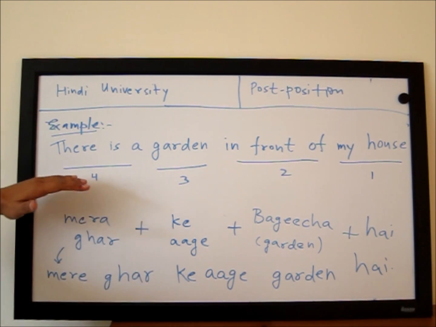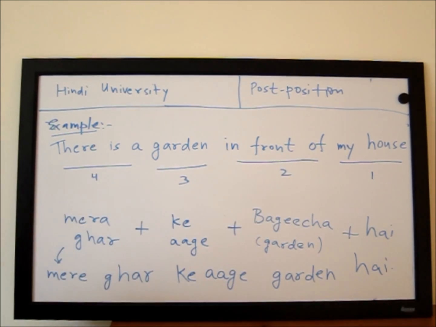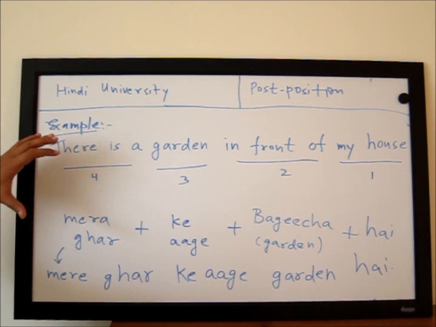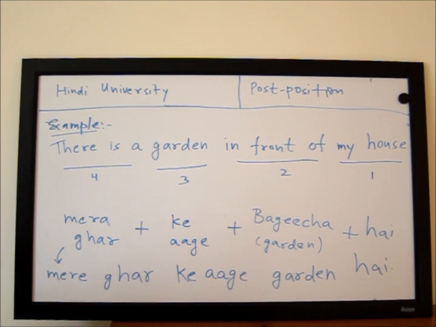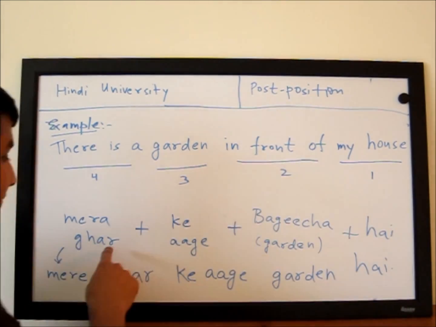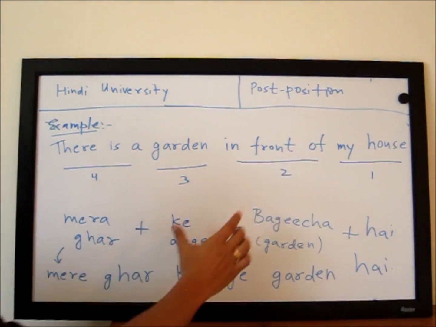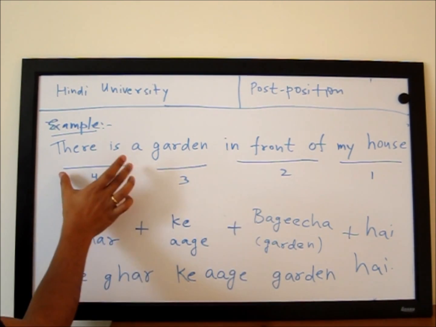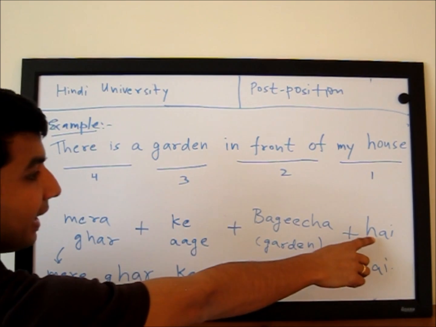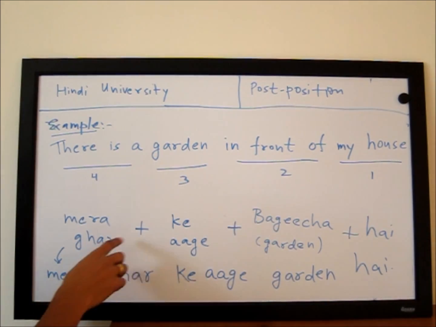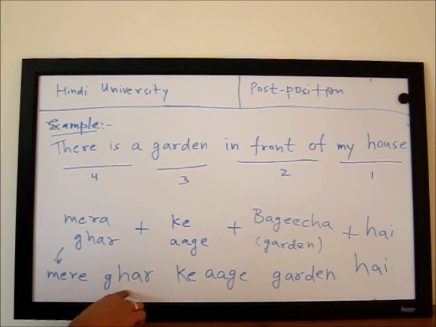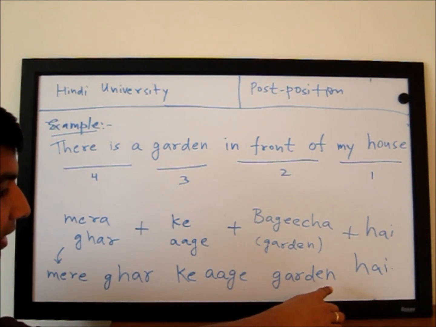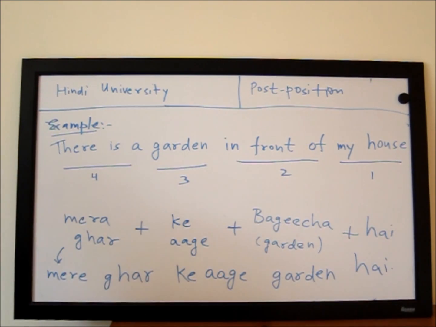Again, the key is, if the sentence is complex, divide it into smaller subsets, then solve each of them. My house is mera ghar, in front of is ke aage, garden is bagicha, and is would be hai. Again, it's an oblique case, so it's mere ghar ke aage bagicha or garden hai.